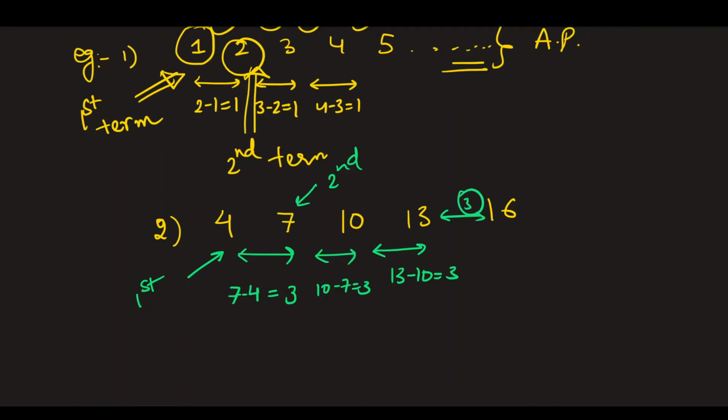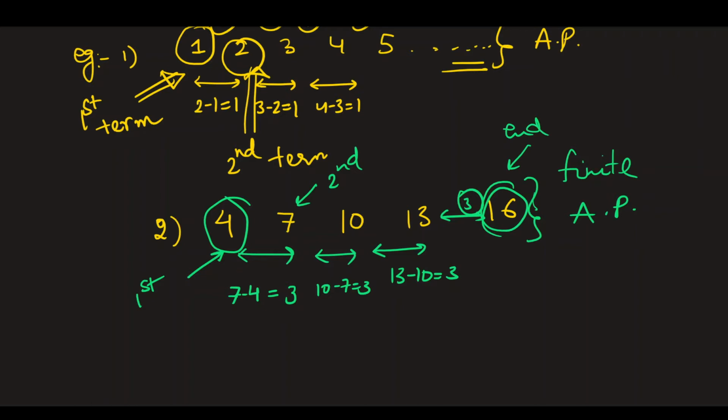So this is also an AP, plus this is a finite AP because it has a start as well as an end. It is ending at 16. Okay, so this is the last term. We say it is a last term.